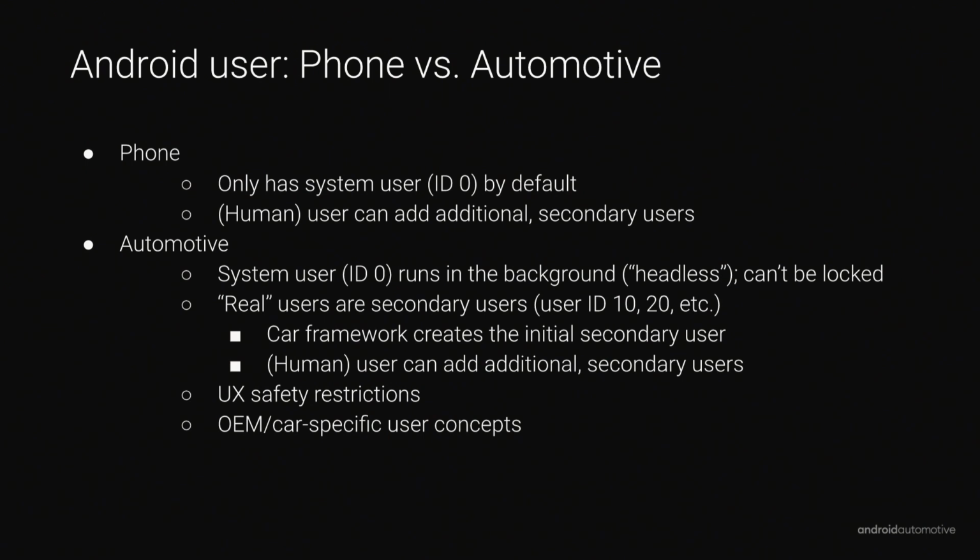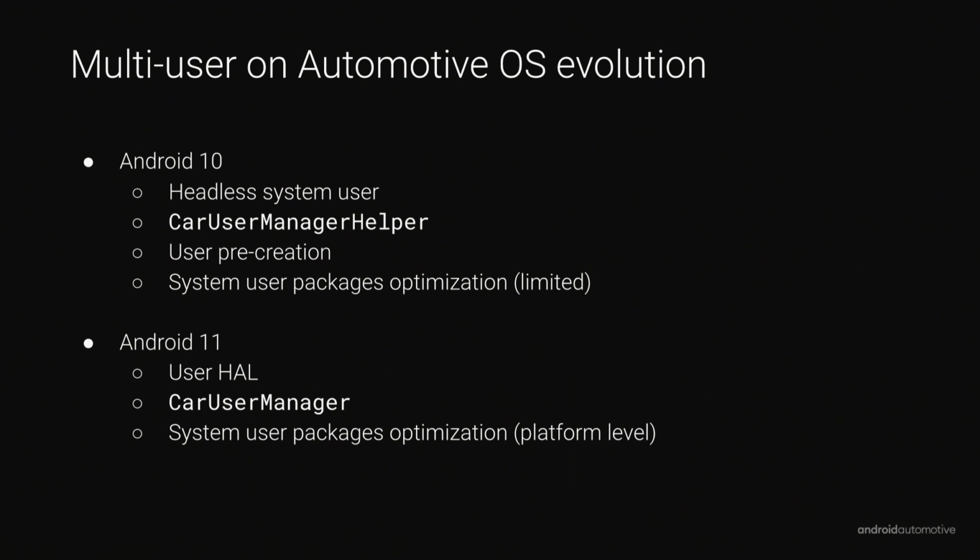So how do we address these challenges? Well, we, the Android Automotive OS platform, keep improving on each release. So we are always doing something for multi-user, based either on our internal tests and performance analysis or on partners' feedback. Just to give two examples, on Android 10, or Android Q, we added this concept of headless system users.